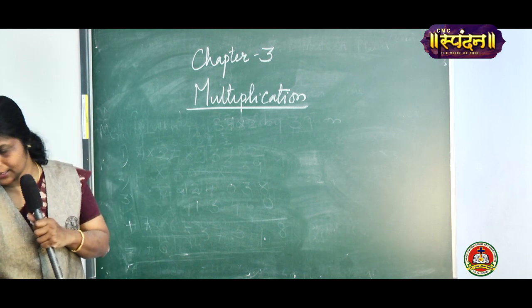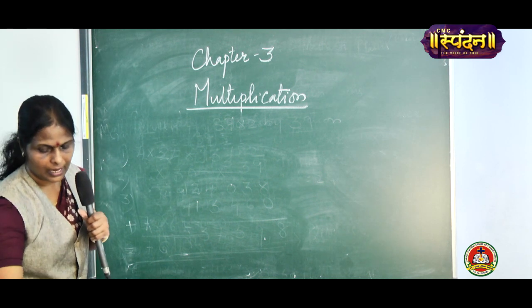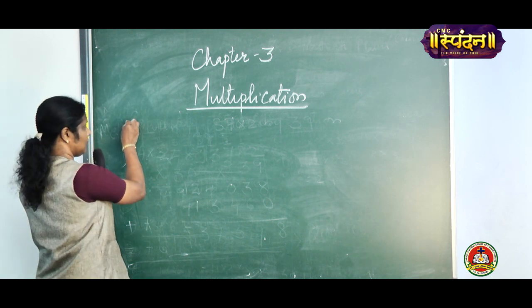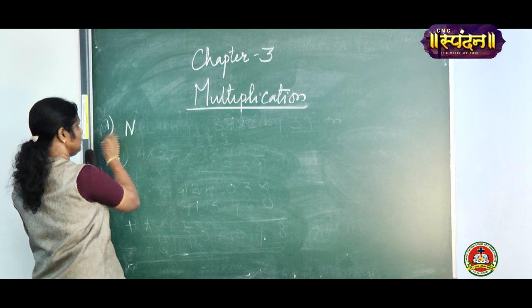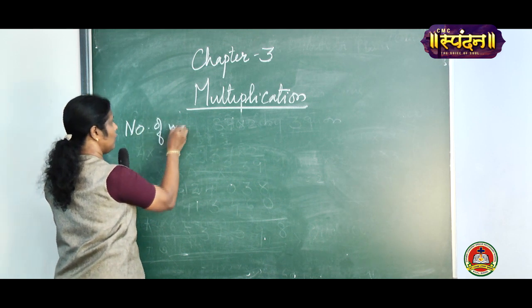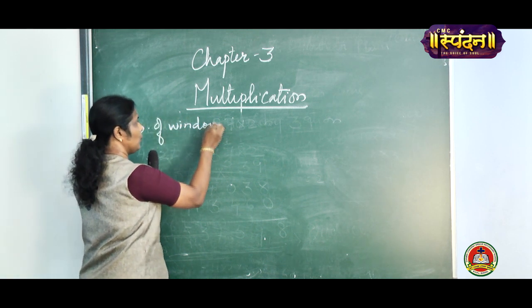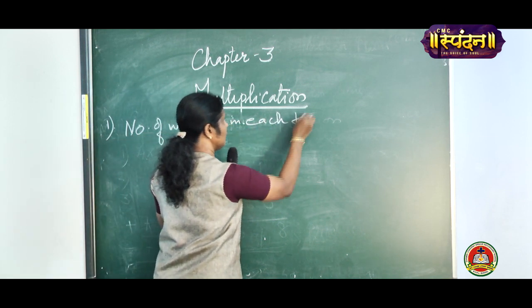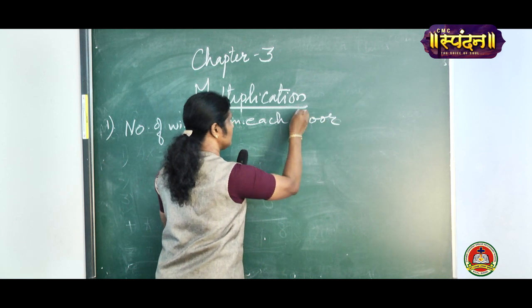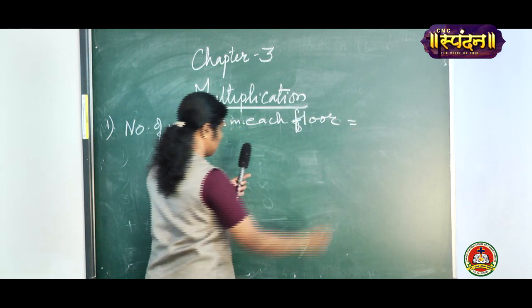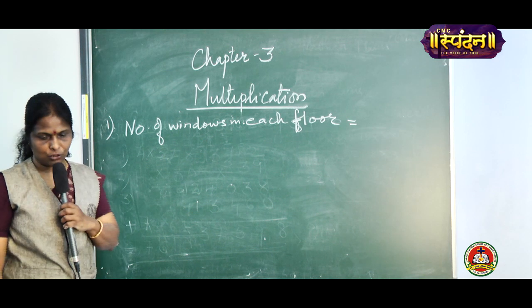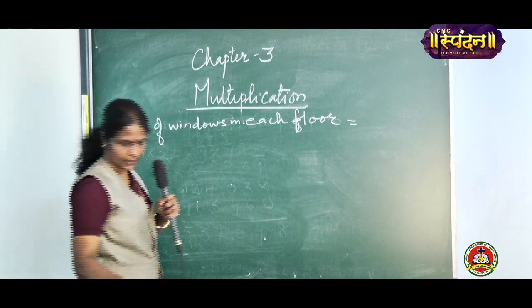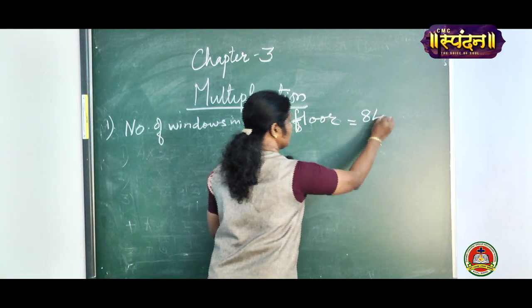So first we will write the statement of what is given: number of windows in each floor. Number of windows in each floor is 84.